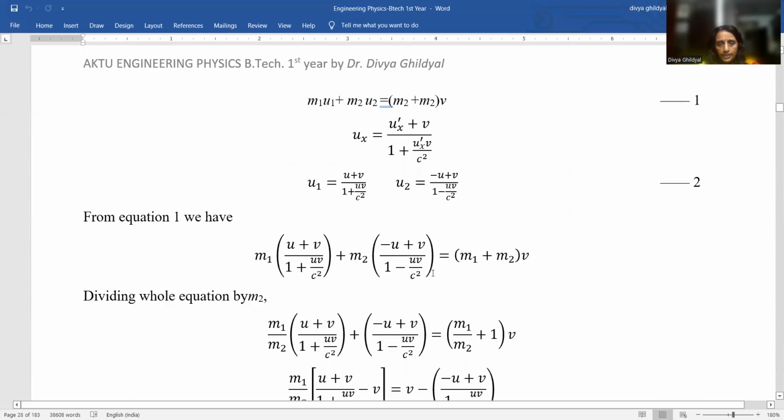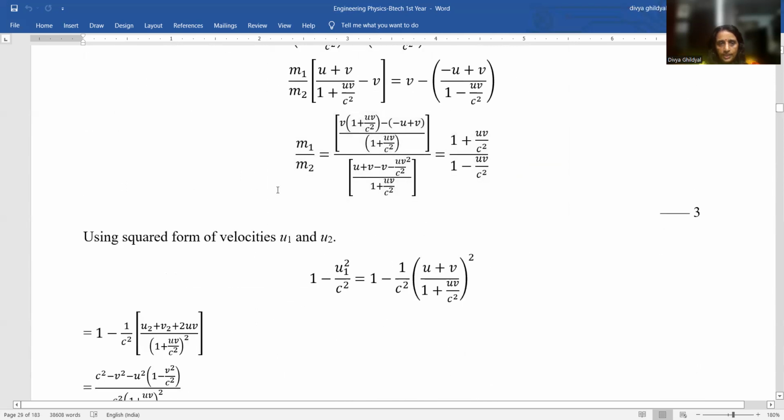From the relativistic addition of velocities, 1 minus u1 square by c square is equal to 1 minus 1 upon c square times u1, where u1 is (u plus v) upon (1 plus uv by c square).